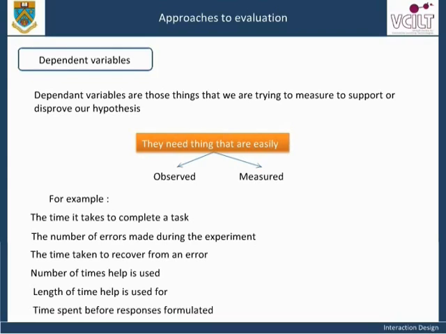The dependent variables above are quantitative data, i.e. numerical results. Qualitative data, such as user preference, can be gathered using interviews or questionnaires, as discussed previously.